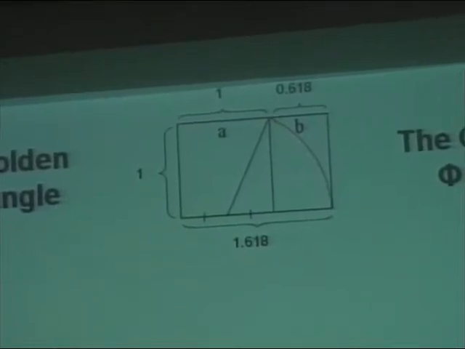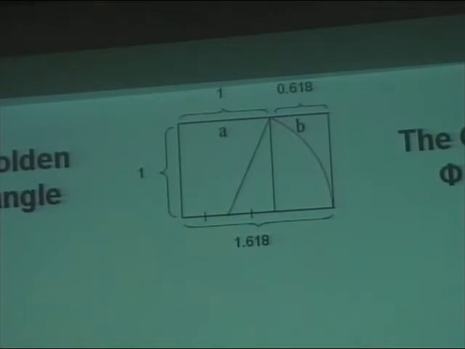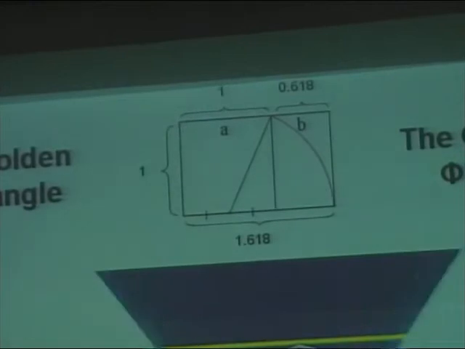And that's been tested. Psychologists have given people a bunch of different rectangles. Rectangles are simply four-sided figures, right? A bunch of different rectangles, and said, which of these do you like best? And the choice centers on the golden rectangle. So people do respond to it as being their favorite shape.